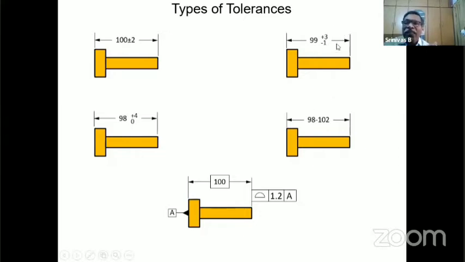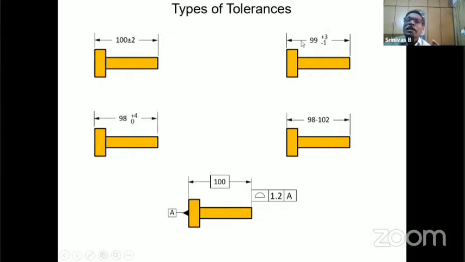Here you see another bilateral tolerance, but this is asymmetrical. Are you seeing, sir? Tolerance is there on both sides, on the positive side and on the negative side as well. However, the magnitude of tolerance given on the positive side is more and on the negative side is less. Therefore, though it is bilateral tolerance, it is not called symmetrical.